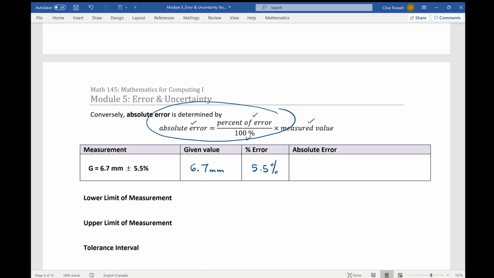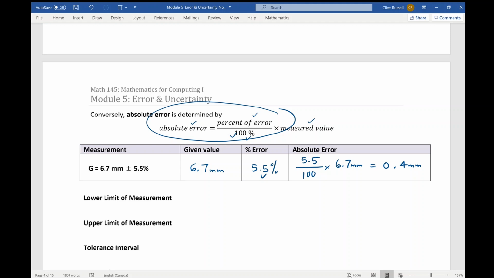Okay, so if you put this in a calculator, your percent of error, which is your 5.5 coming from here, divided by 100, essentially what you're doing is changing 5.5% into a decimal or a fraction, so you divide by 100, then you multiply by the measured value, which is 6.7 millimeters, and if you do that, you get 0.4 millimeters.